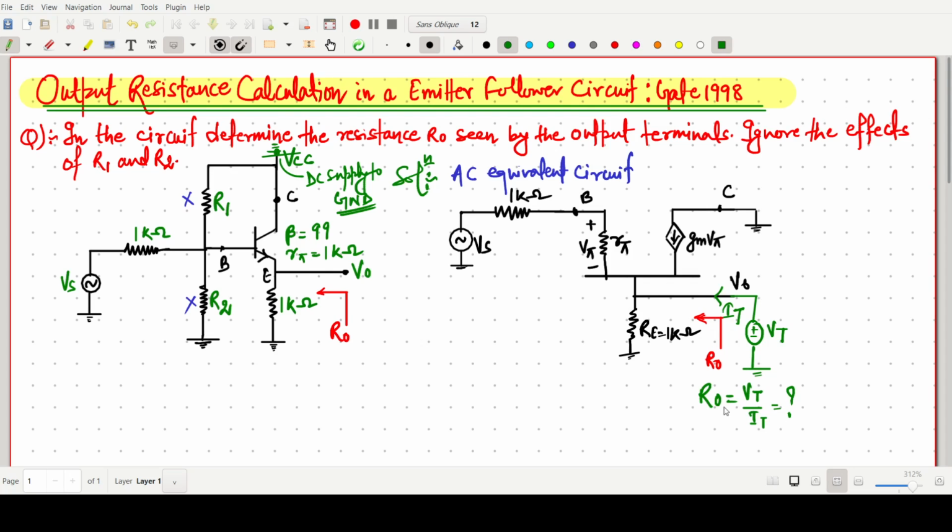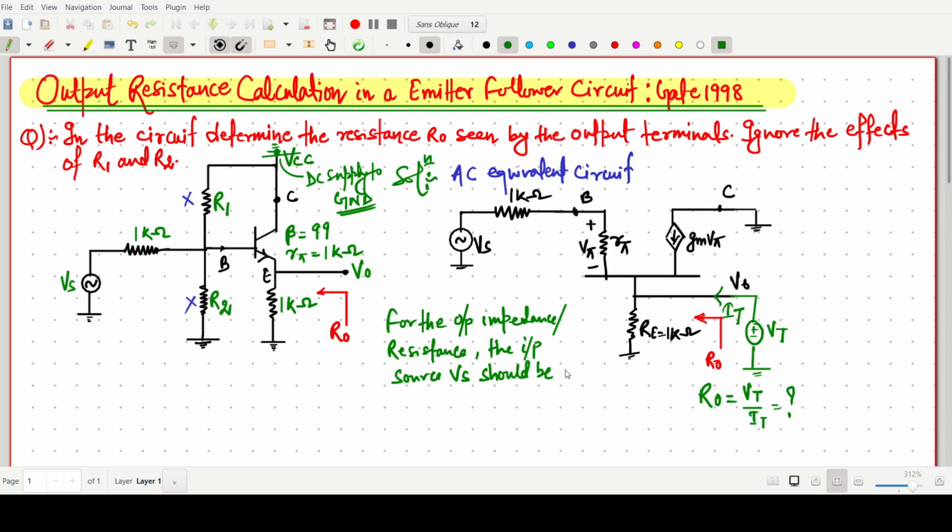One more thing, for the output impedance calculation, or better to say resistance, because in the question it is written resistance, the input source Vs should be grounded.